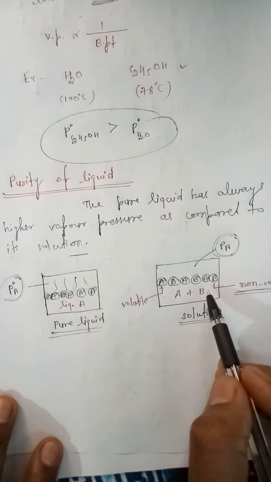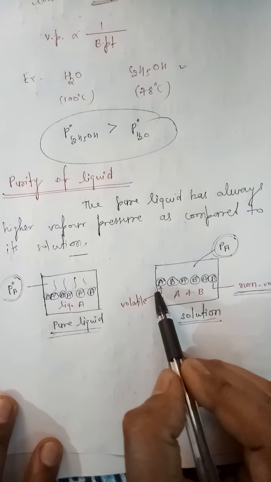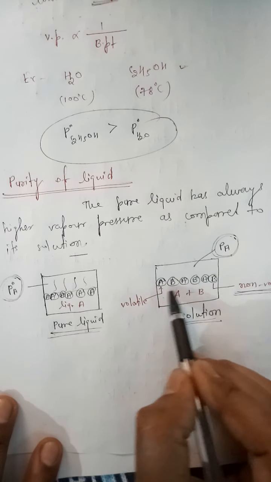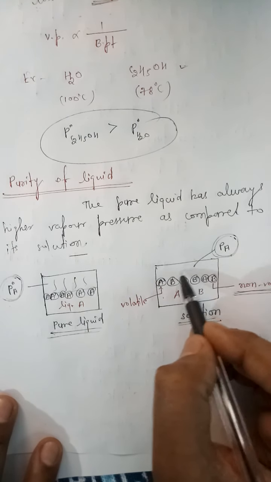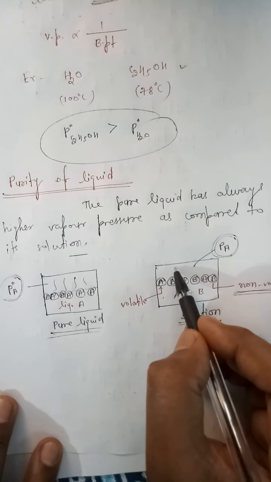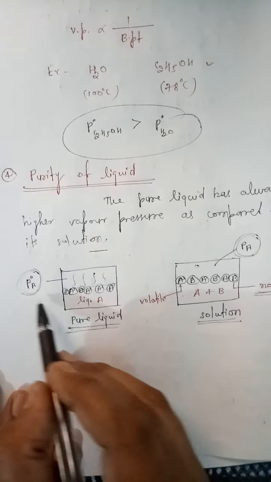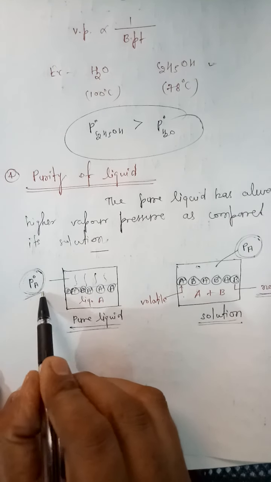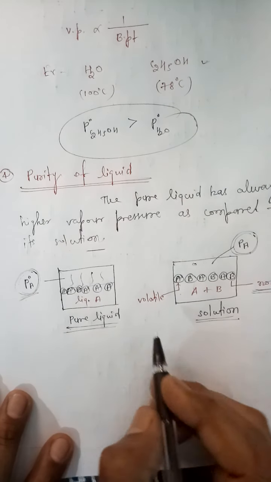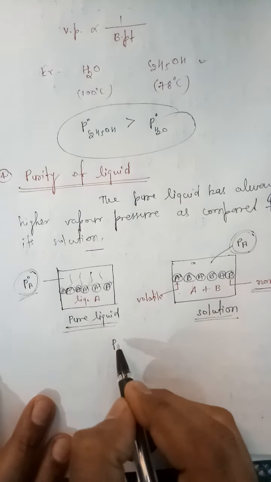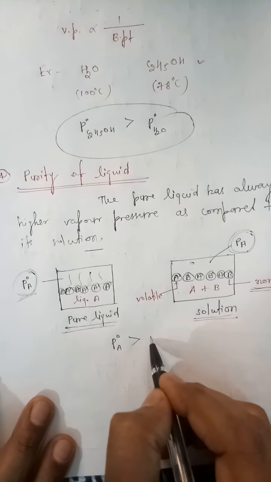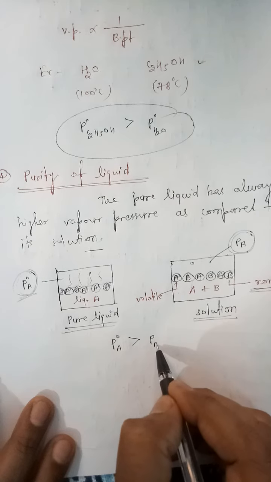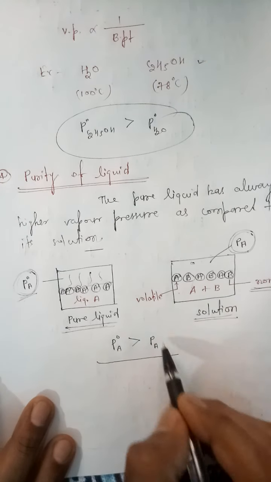But in the solution we can see the entire surface is not occupied by the pure liquid. So in this case fewer vapor molecules will come as compared to the pure liquid, and we can say that the vapor pressure of the pure liquid is greater than the vapor pressure of that liquid in solution.